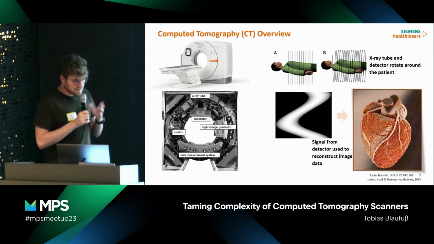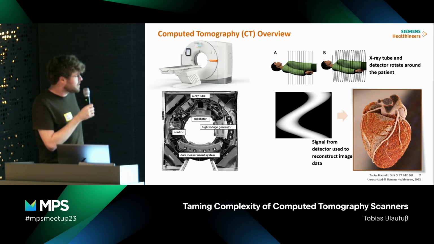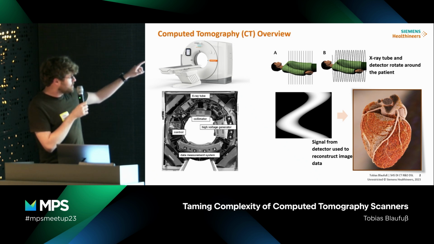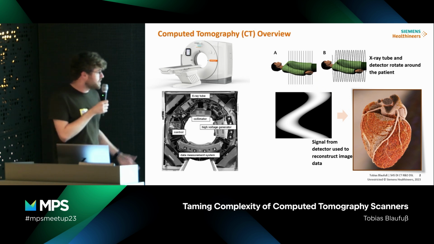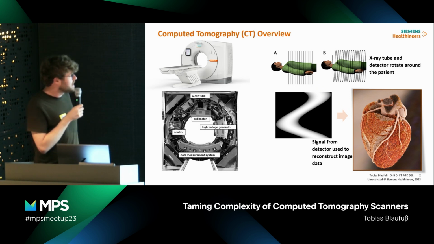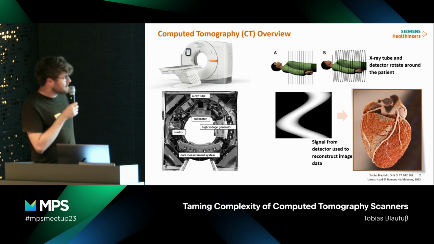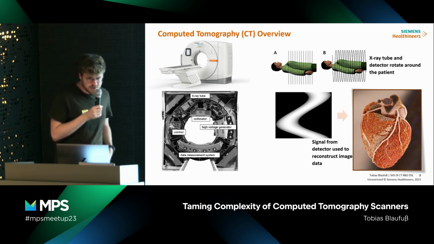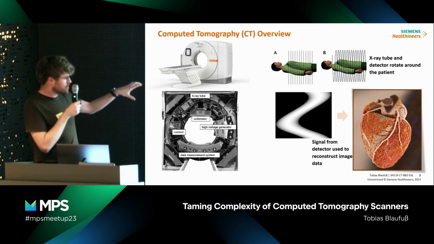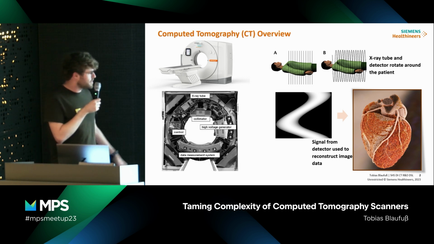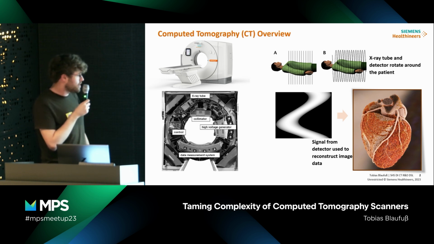First of all, let's clarify what we are talking about actually. To the top left, you can see the CT scanner with the table where the patient lays down, and this donut-looking device we call gantry. And if you remove the hood of the gantry, you could see some hardware that looks like that with the X-ray tube on the top.